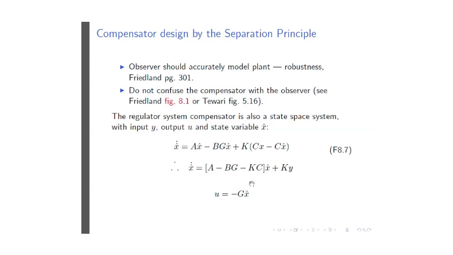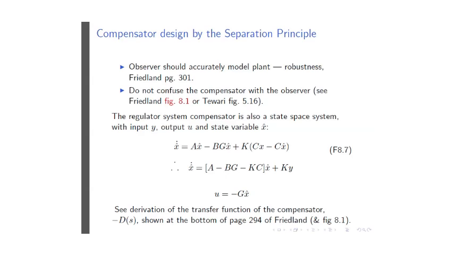so it's important to then realize this. Now, by the way, Friedland in chapter 8, I think I have that on a slide, let me just check. Yes, right at the bottom. See the derivation of the transfer function of the compensator, minus ds.